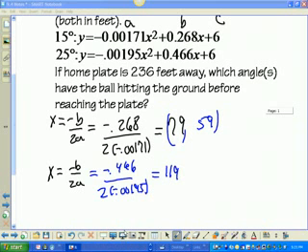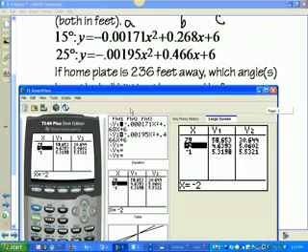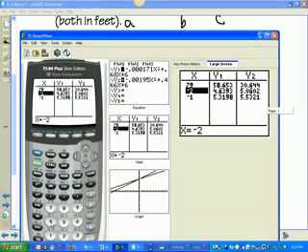And let's do 119 for the second one, so you can see what that looks like. Now I'm looking at the second equation because I know I typed it in Y2.